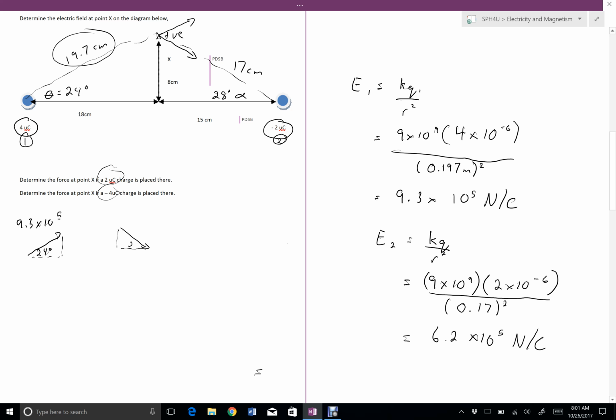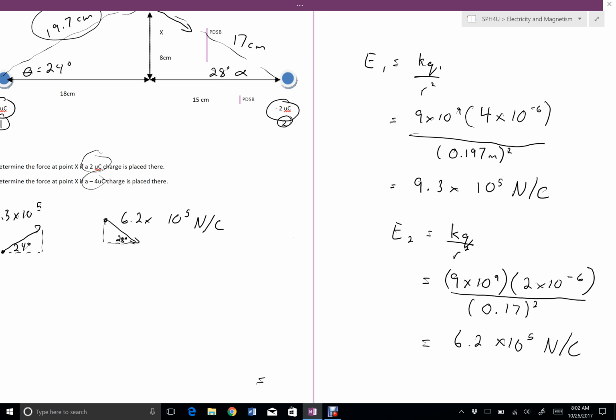The angle where I started was 28 degrees, and I have 6.2 times 10 to the 5 newtons per coulomb. So those are the two vectors that represent my electric field generated by charge 1 and charge 2. Now I have to take the vector sum of them to come up with the total electric field.